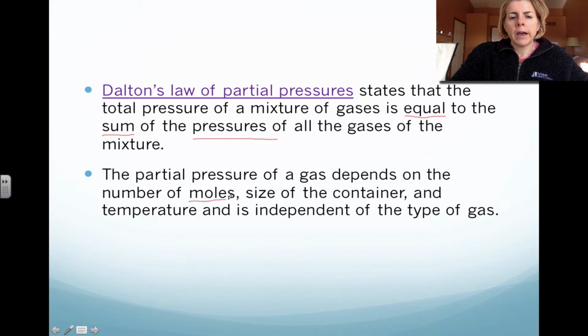Because of that, the number of moles helps determine the partial pressure. We'll be doing problems like that. Notice that it's independent of the type of gas. It doesn't matter whether it's nitrogen or oxygen or hydrogen. It just matters how much of that gas is present to give us a certain pressure.